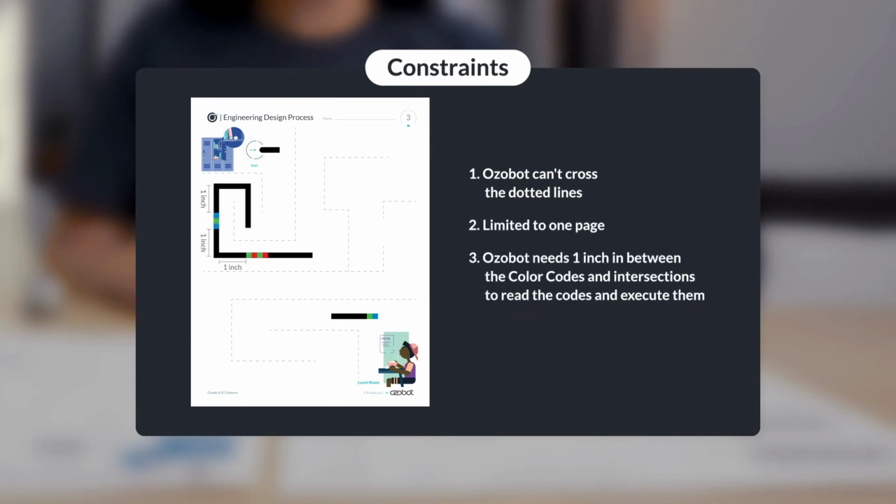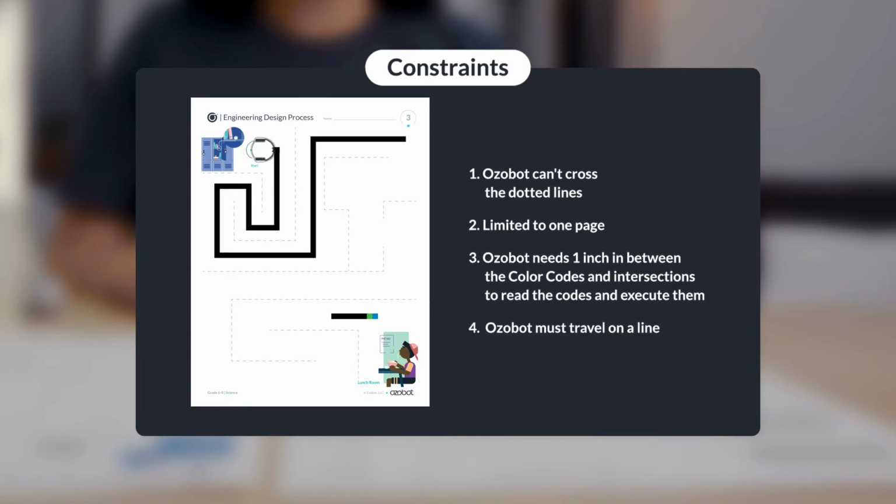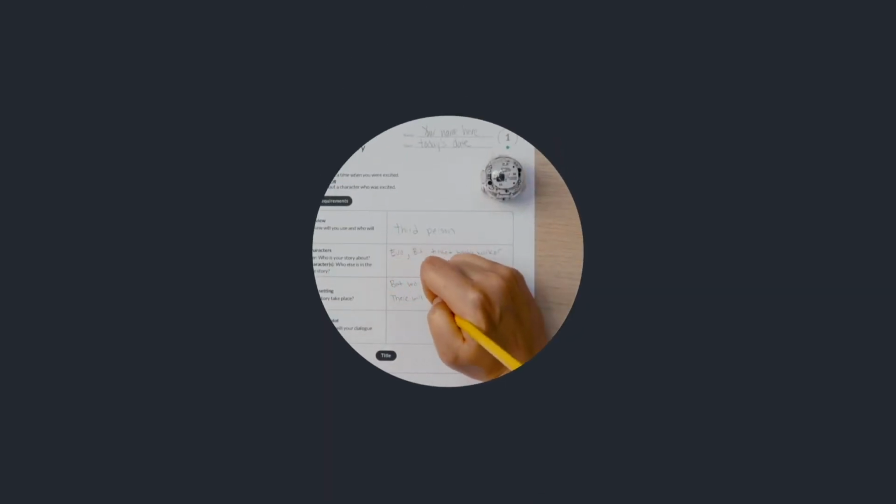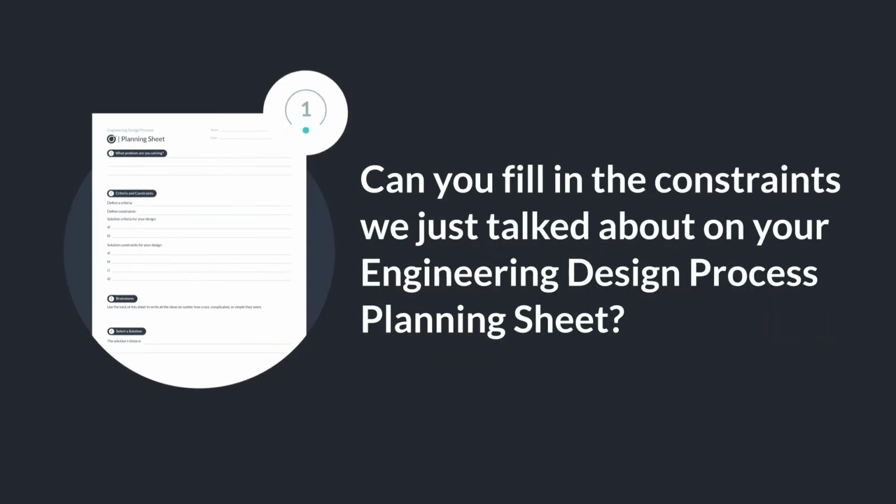Ozobot needs an inch between color codes and intersections to read the codes and execute them. Some codes need more space to execute properly, so keep that in mind. And finally, Ozobot must travel on a line. Can you fill in the constraints we talked about on your engineering design process planning sheet?